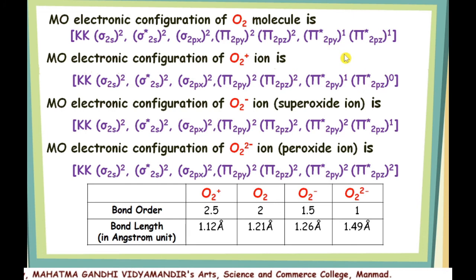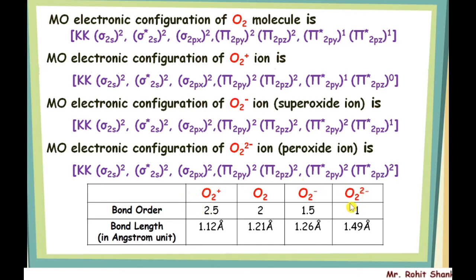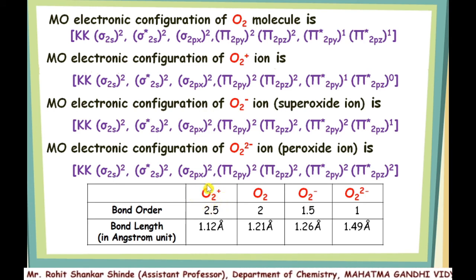This is the MO electronic configuration of the O2 molecule. So O2 plus, O2, O2 minus and O2 2 minus, these are the diatomic species of oxygen atoms. With change in number of electrons in pi star molecular orbitals, the bond order and bond length both change.